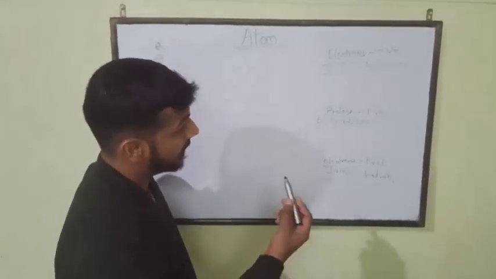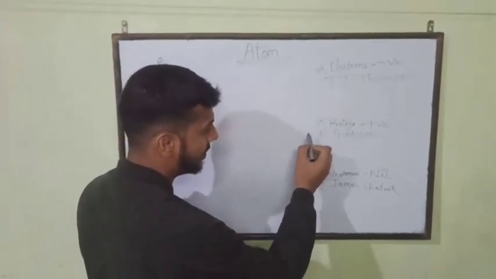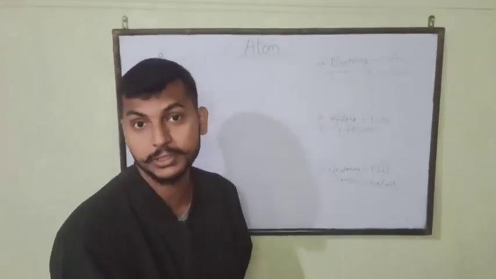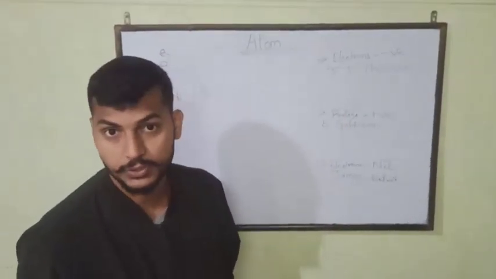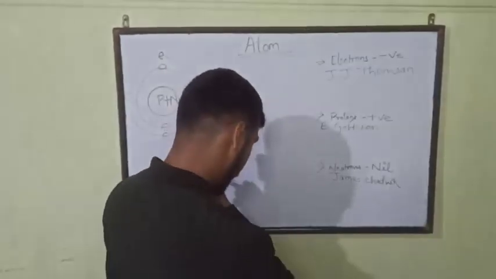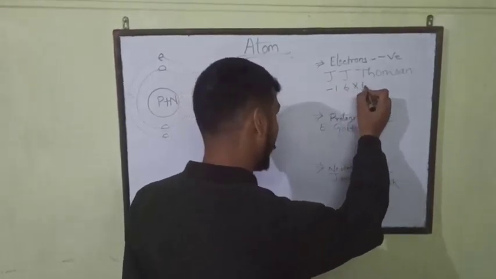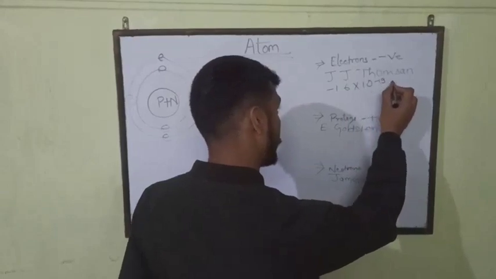If you are understanding that these are the basic particles, it is obvious that these particles have some mass and some charges on them. As we have discussed, electrons are negatively charged, so an electron has a charge, and that is minus 1.6 into 10 to the power minus 19 coulomb.